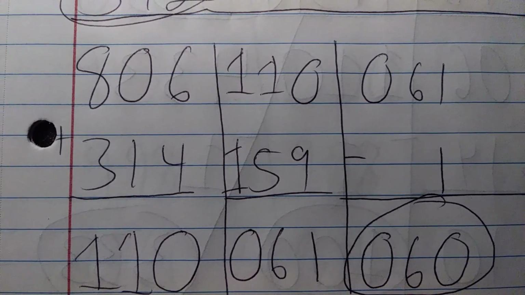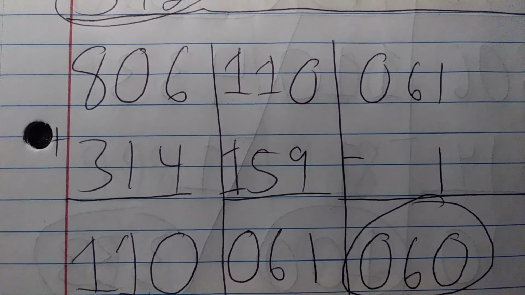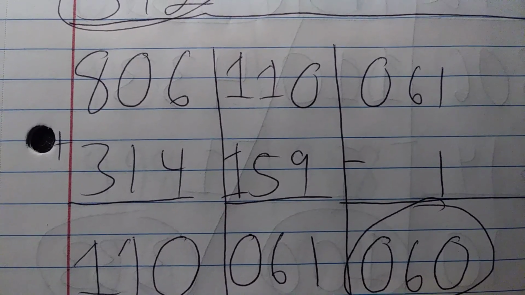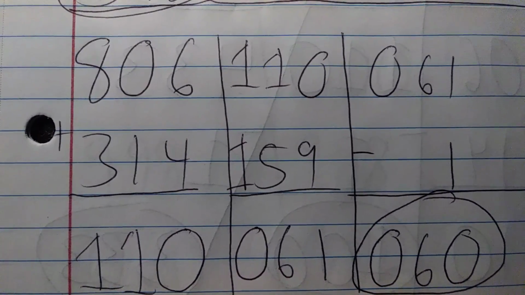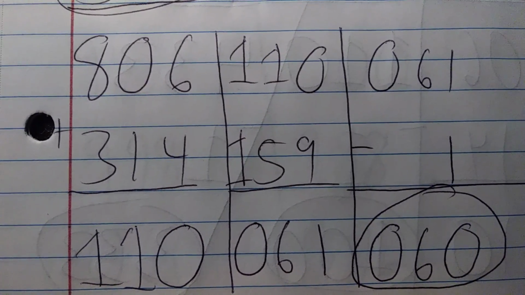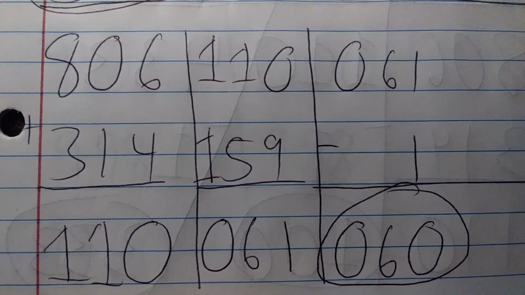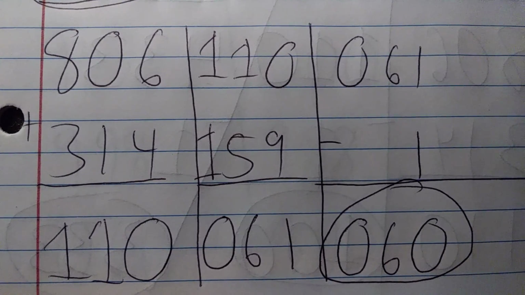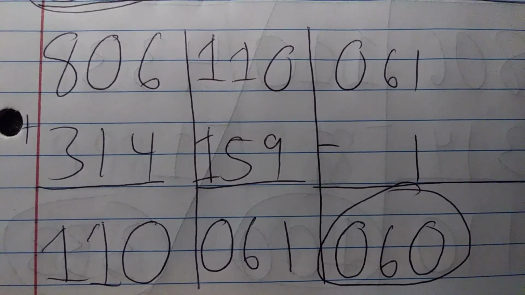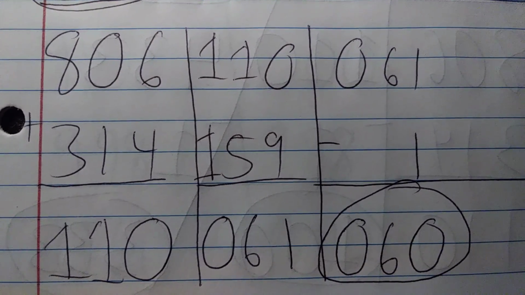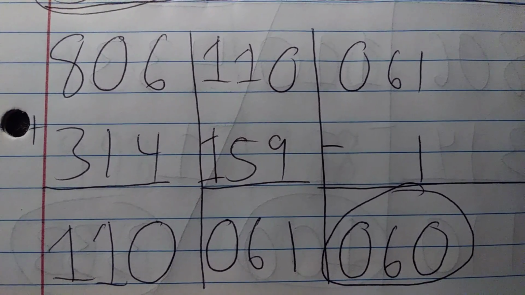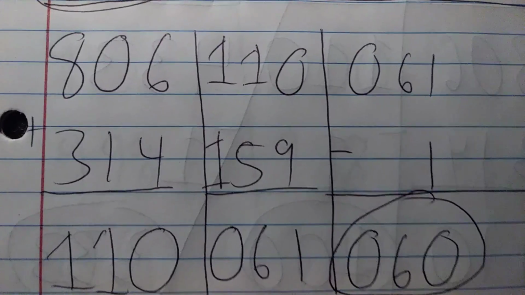You're going to subtract off 159, so 1 minus 1 is 0. 11 minus 5 is 6, and then 10 minus 9 is 1. You're going to subtract off 1 from that third digit 1 there, so bring down 06. You're going to also subtract off 1 there, so that's 060.